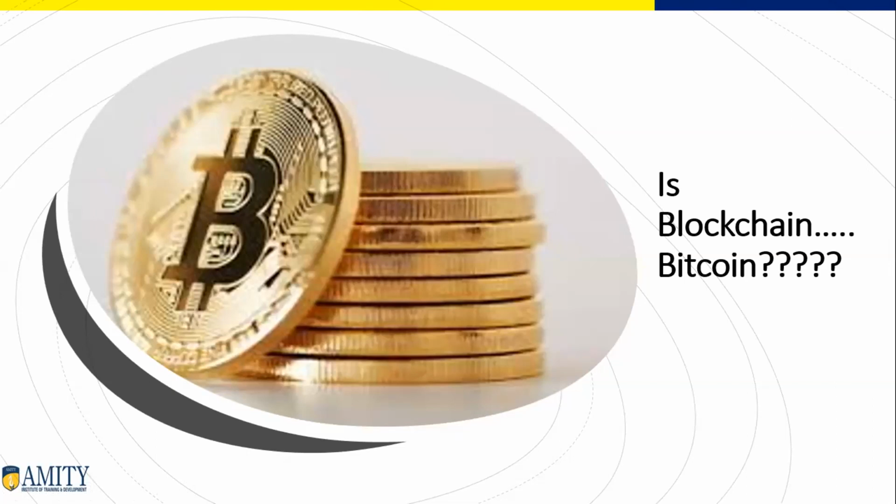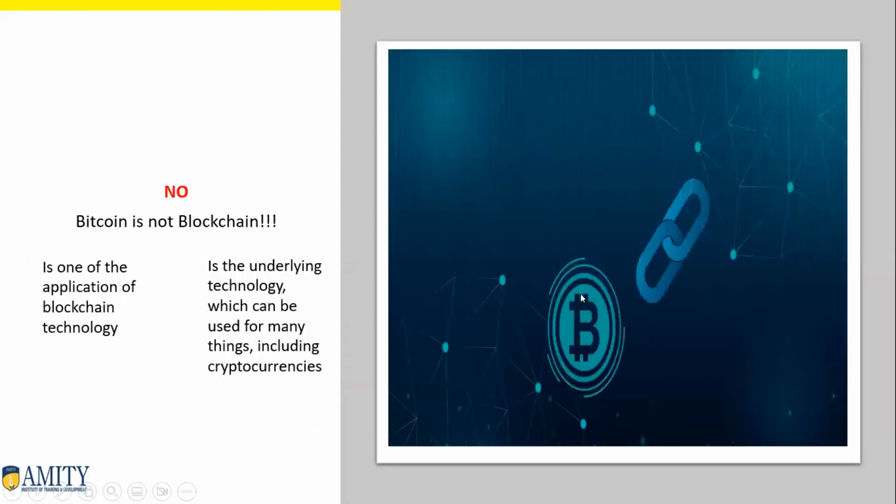But before we start, please understand we are not just talking about bitcoins, because Bitcoin is not blockchain; Bitcoin uses blockchain technology, but blockchain is not just Bitcoin. We will clear this confusion, and after this session, you will understand what blockchain technology is all about and how organizations can use it.